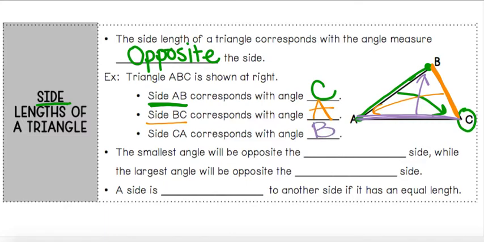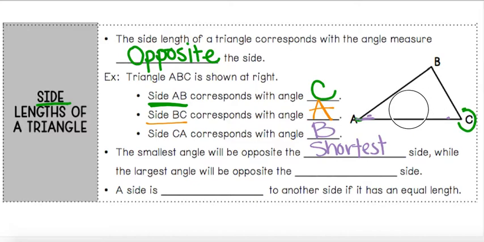Okay. The smallest angle. Another interesting fact about triangles is the smallest angle is always opposite the shortest side of a triangle. So again, I need that to be bigger. Let's take care of that. Here we go. Okay.